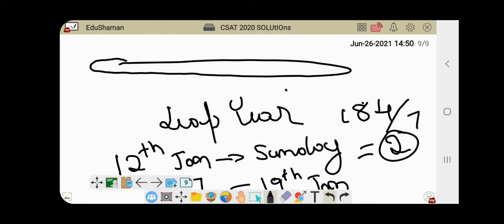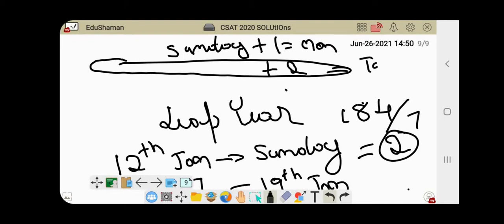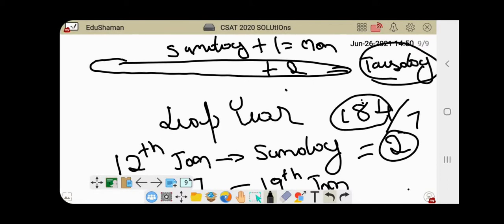So this 2 I would add to Sunday. Sunday plus 1 will give you Monday, and Sunday plus 2 will give you Tuesday. So if that number was 184 instead of 182, then 12th of July would have been a Tuesday.